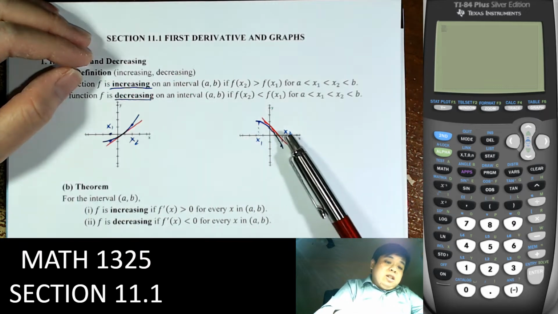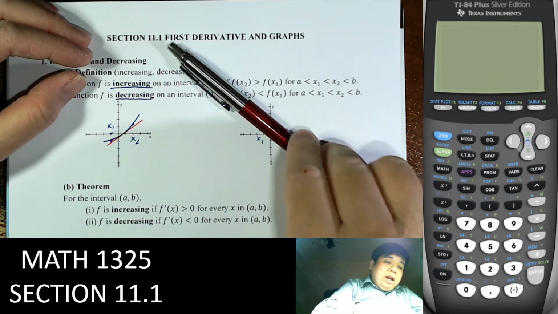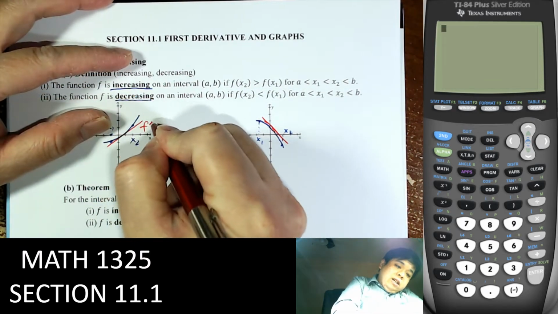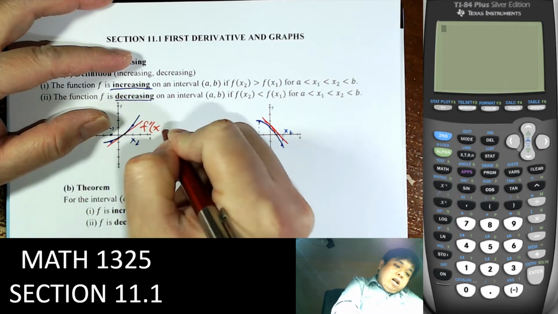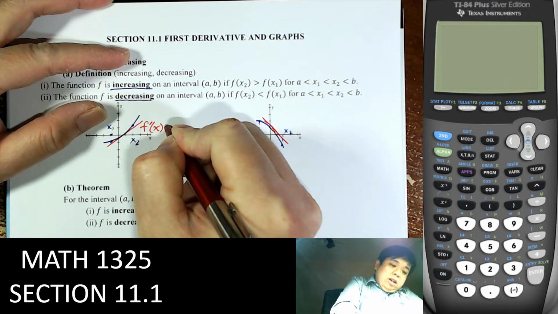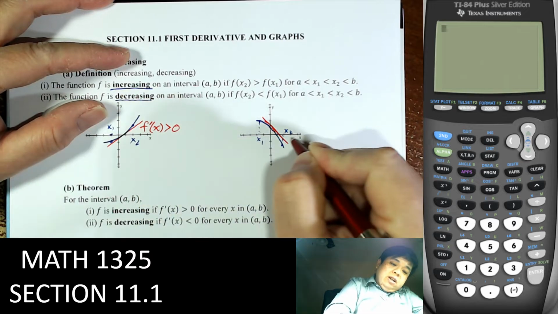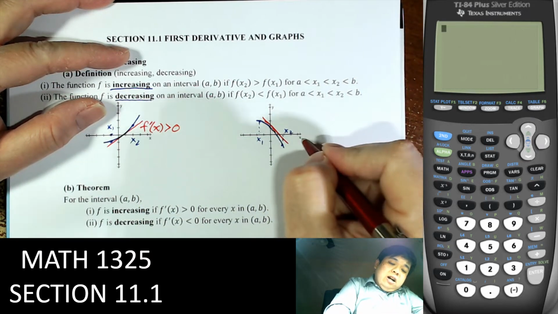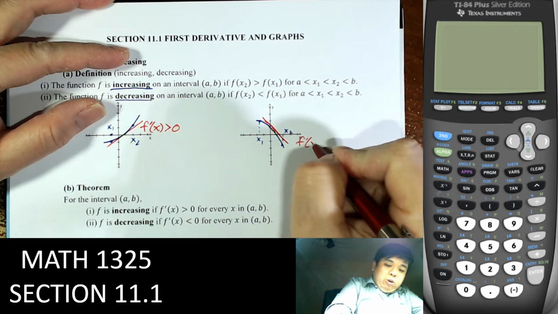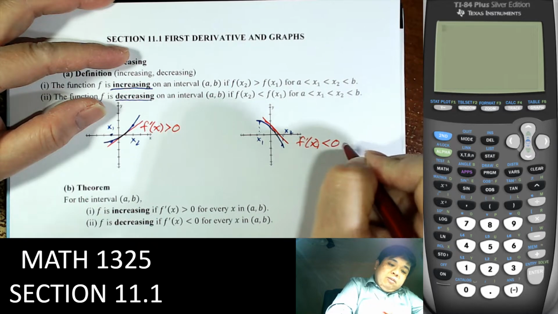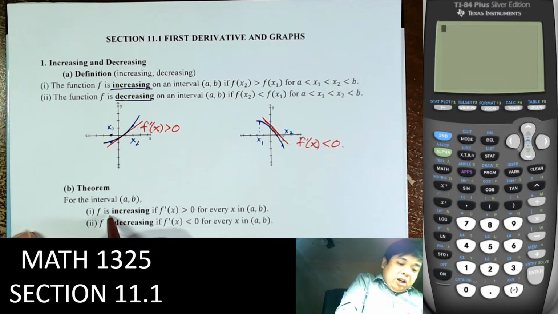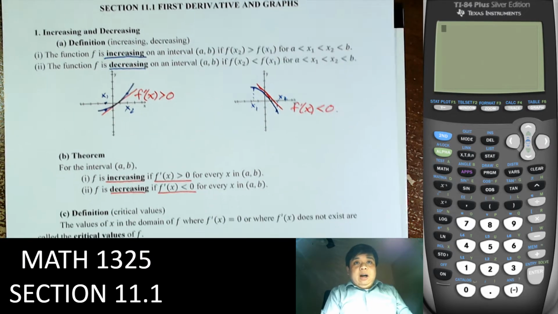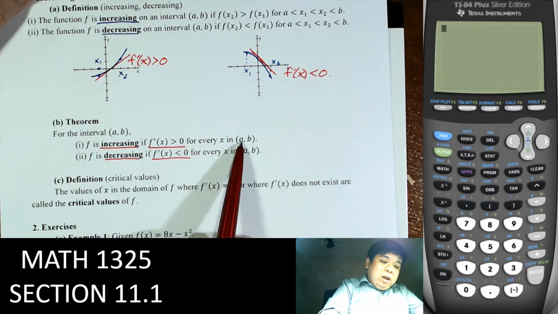If the function is decreasing, the tangent line goes down, and consequently, when the line goes up, the slope is positive, therefore the derivative is positive, and when the line goes down, the slope is negative, or the derivative is negative. So we tie increasing and decreasing to the derivative being positive and negative. Of course, that has to be for every point in the interval a and b.